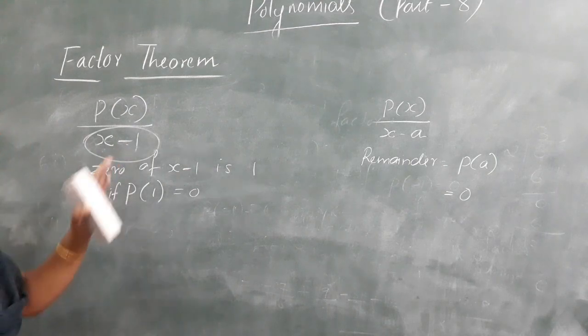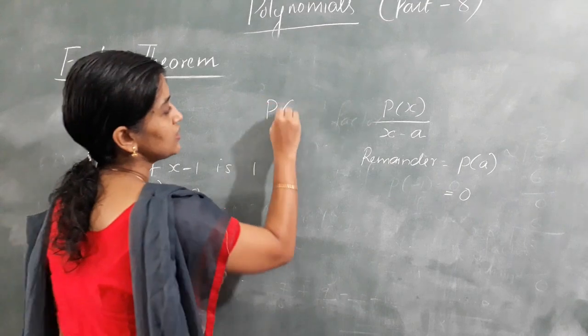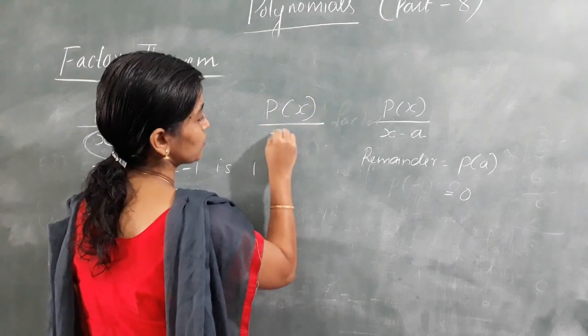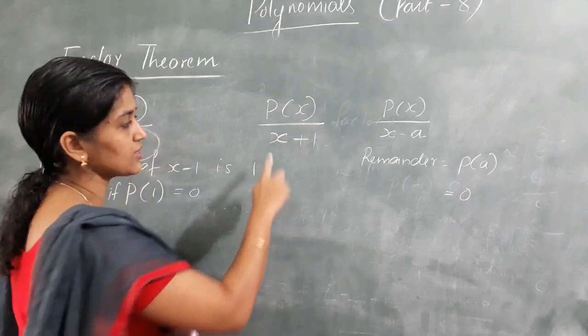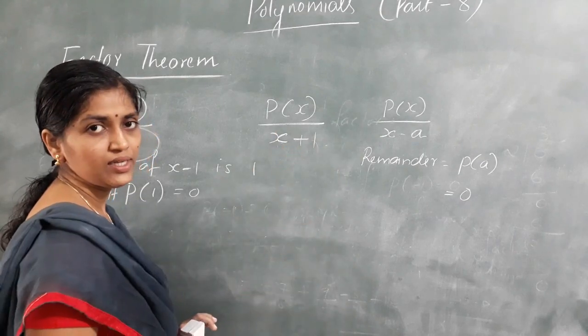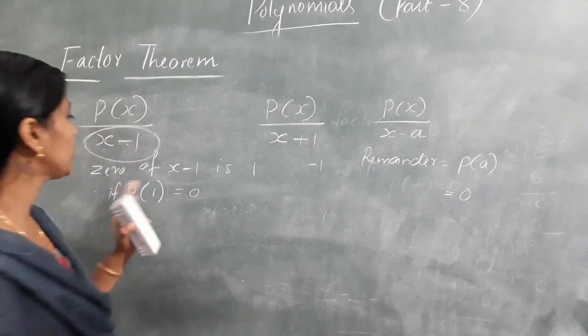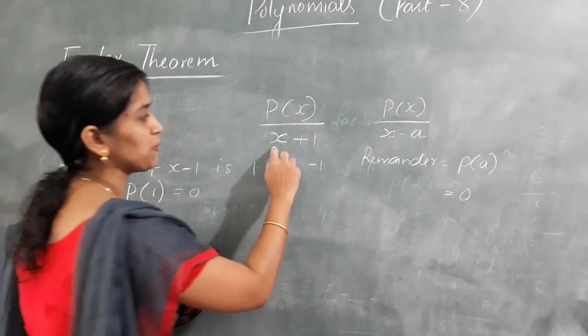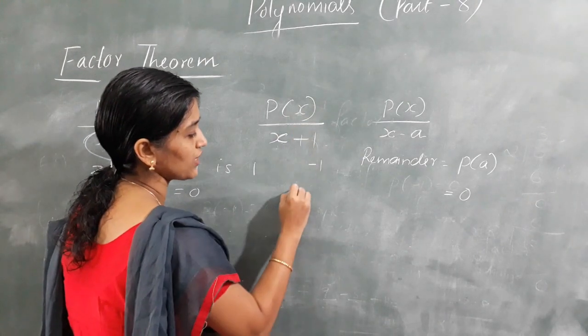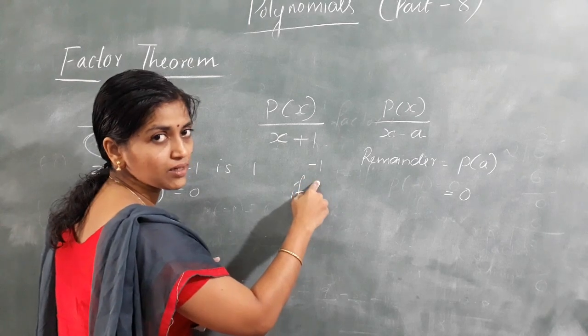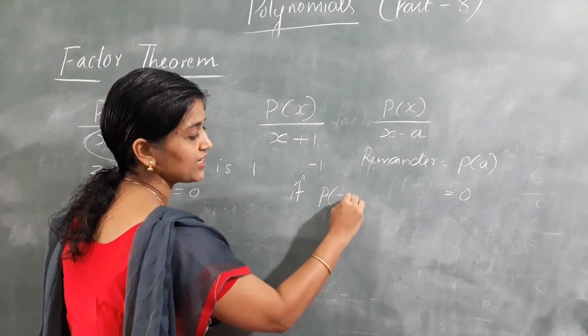Now for the negative case, if p of x is divided by x plus 1, what is the zero of x plus 1? It is minus 1, isn't it? So how can you say the remainder here? x plus 1 is a factor of p of x if the remainder, p of minus 1, is 0.